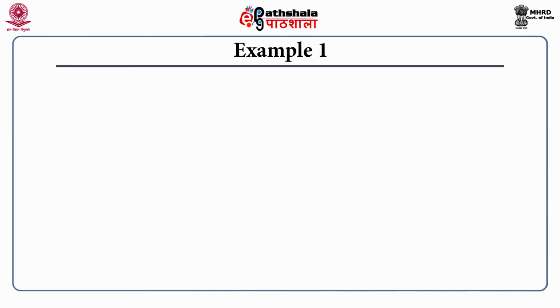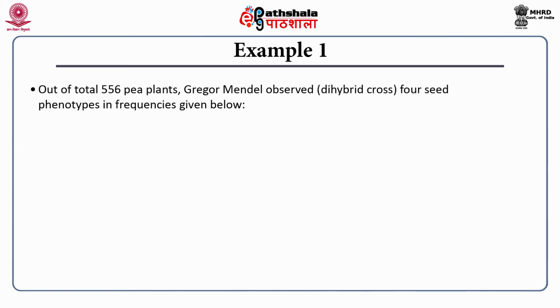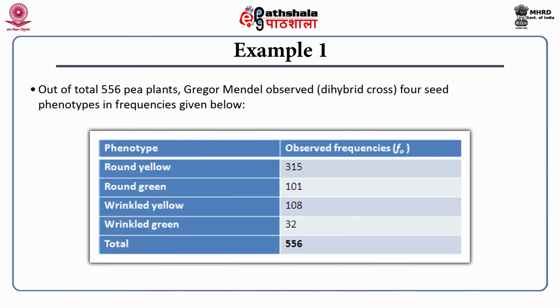In our first example, let us see a famous experiment by the father of genetics, Gregor Mendel. Out of 556 pea plants, Gregor Mendel observed in his famous dihybrid cross 4 seed phenotypes in the frequencies given below. The four seed morphologies are round yellow, round green, wrinkled yellow and wrinkled green.